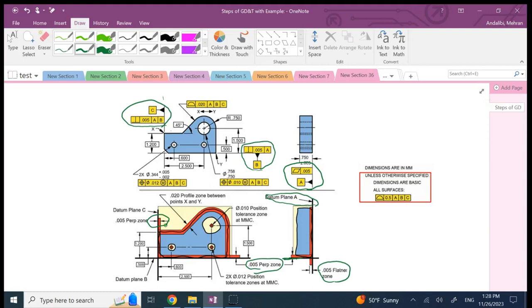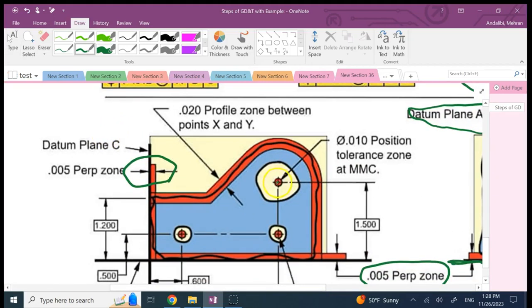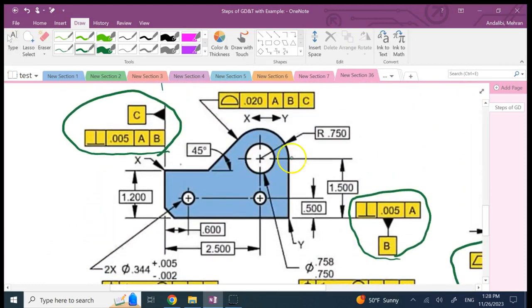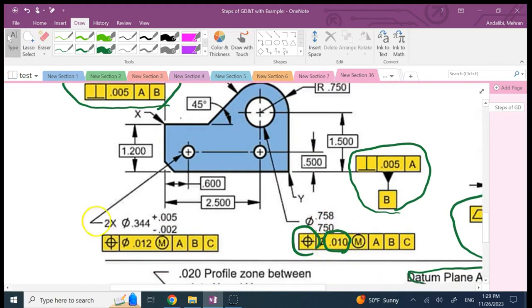Okay, but profile and position are not. If you can see here, the feature we are talking about, the axis, and I'll show you when we talk here about this position, right? And we have a value of 10,000.